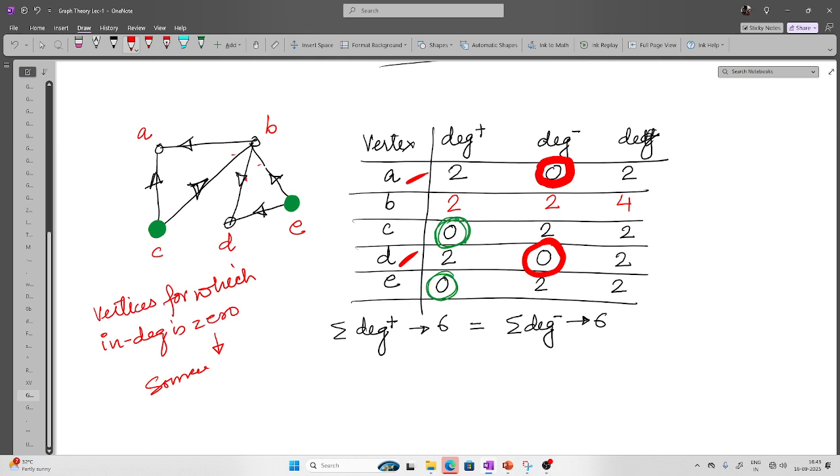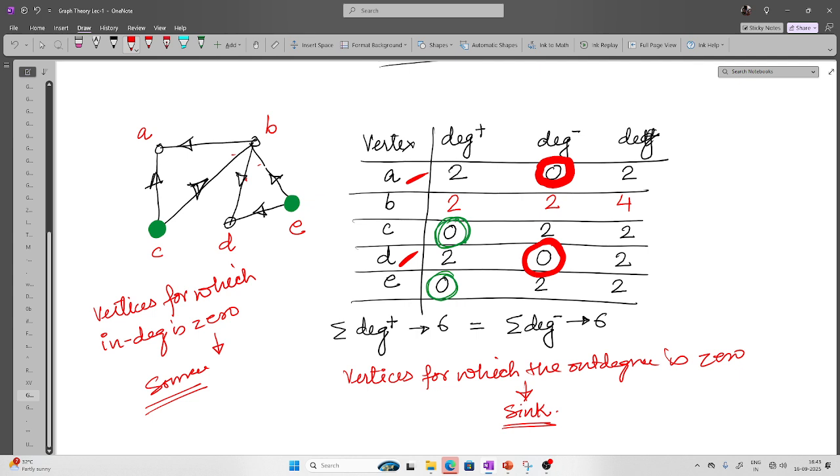So nothing is going out. So they are collecting everything. They are absorbing everything. So therefore, the vertices for which the out degree is 0, they are called as sink.